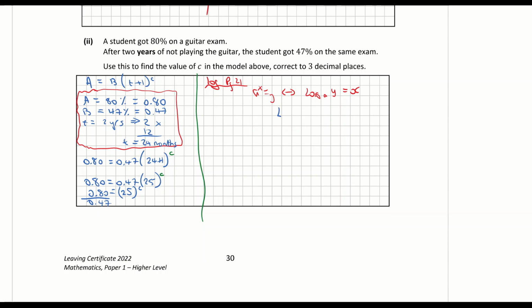So that's going to be log of my y, which is 0.80 over 0.47, to the base of 25 is equal to c. Working that out now in my calculator, I'm getting 0.16524 is equal to c. Question wants it to 3 decimal points, so c is going to be 0.165.